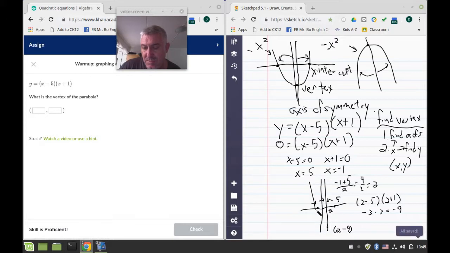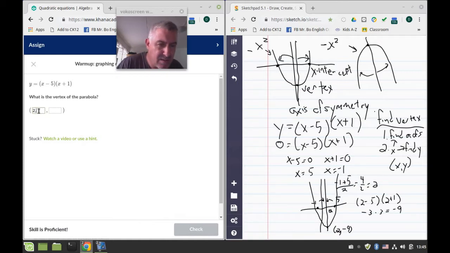If we want to draw our parabola, we'll just draw it like this and make sure it goes through those points. So it asks what the vertex of the parabola is. That's what it is: 2 comma negative 9.